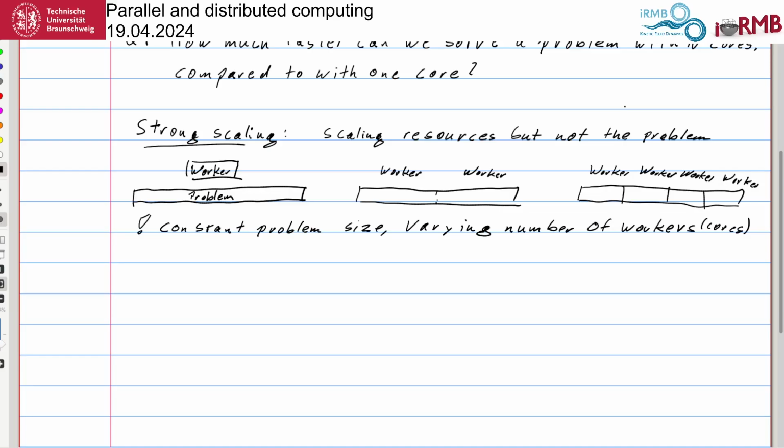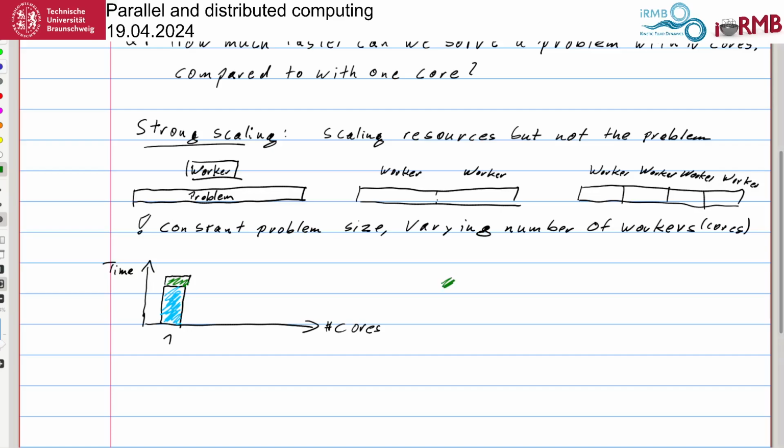Say we draw now a picture where this here is the time that we need, and here is the number of cores or workers, and say here's one worker. Now the work that would be done by one worker would, for example, look like this. Say we have this part of the work, and that part of the work.